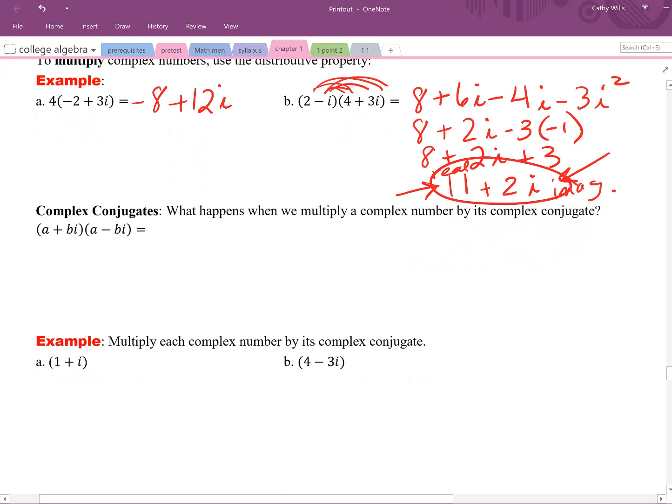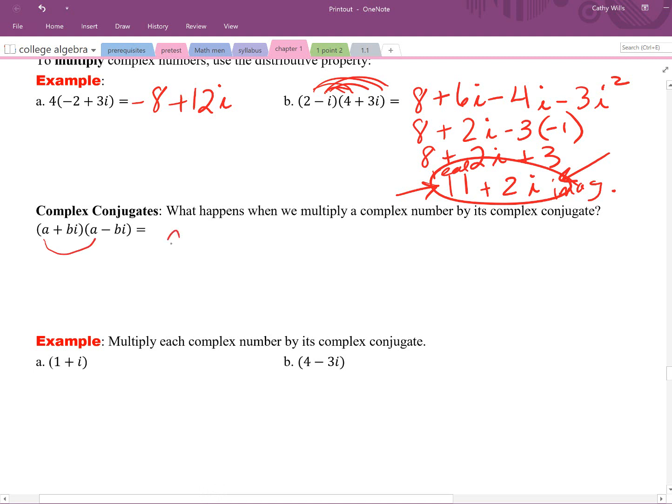All right, what happens when we multiply a complex number by its complex conjugate? Well, we get a difference of squares the same way we do when we multiply two conjugates that have real numbers or x's and y's, but we'll just multiply it out to show you that it does work.